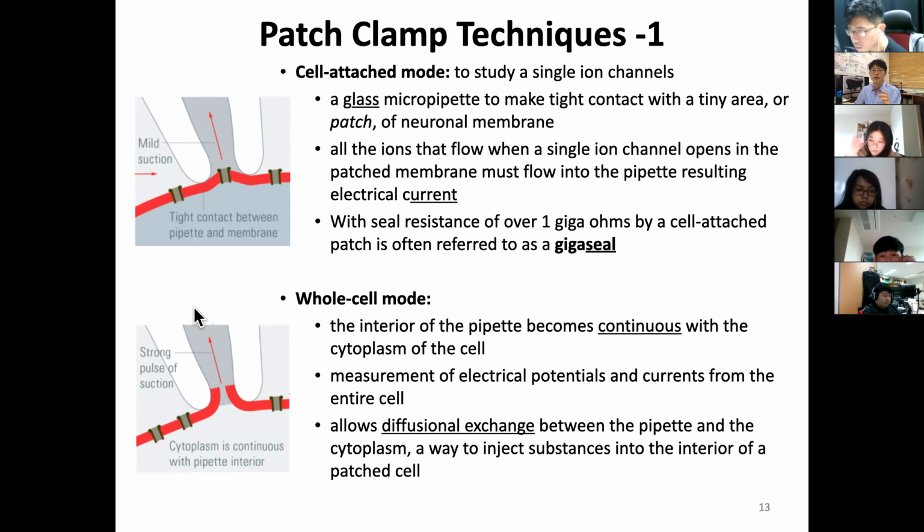What it means, you can put a drug through here and then the drug can get inside the cell directly between the pipette and the cytoplasm. And that's a way to inject substances into the interior of a patched cell. For example, let's say you measure the cell and now you want to mark the cell. What can you do? You can put some dye into it. The dye will diffuse into the cell.